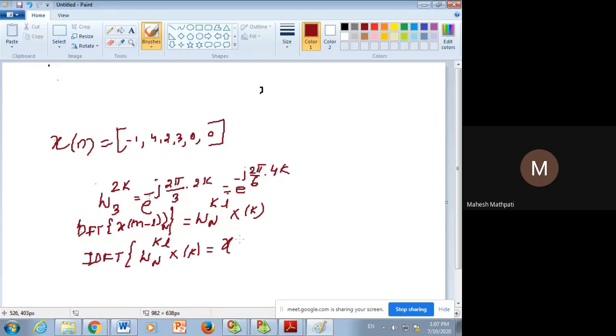X of modulo n minus L, it is n. What is the value of L here? Anybody? What is the value of L?